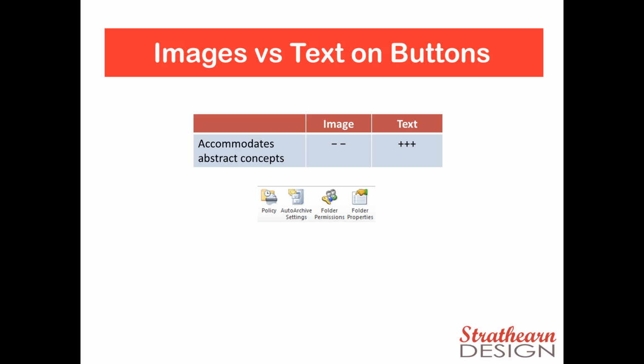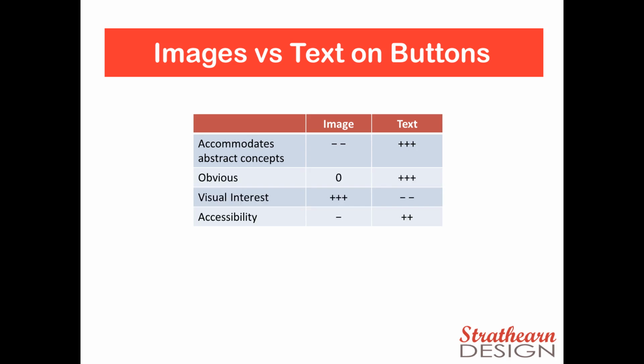Then for auto archive, I think that the illustrators have done a really good job, but it's just very hard to illustrate the idea of auto archiving. But text, of course, is very good at abstract concepts. Here it is: policy, auto archive, folder permissions, folder properties. It's very clear. So let's look at some of the other factors.